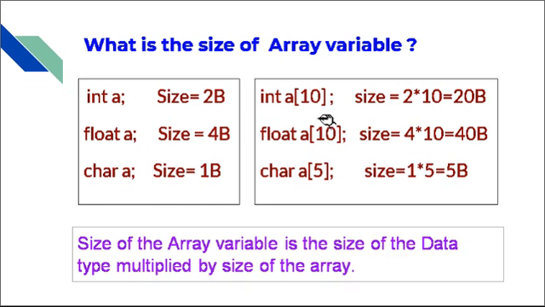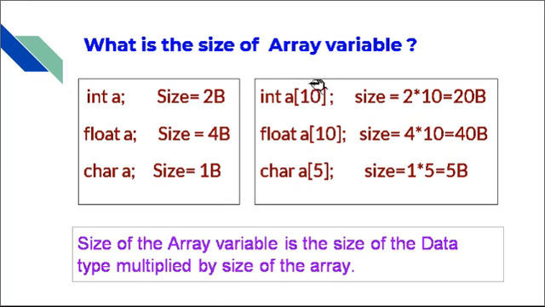Okay. Now come to the array type. Int A of 10. Here A is not the simple variable. It is the array variable. Here A is declared as array variable. Now what is the size? Before calculating the size, A of 10 is an array variable. What is the size of the array variable? Means what is the capacity of the array variable?